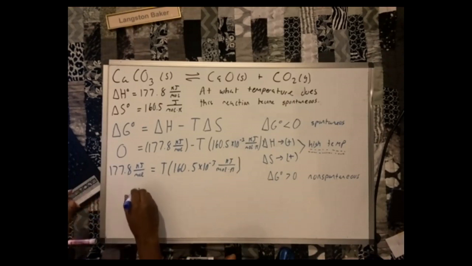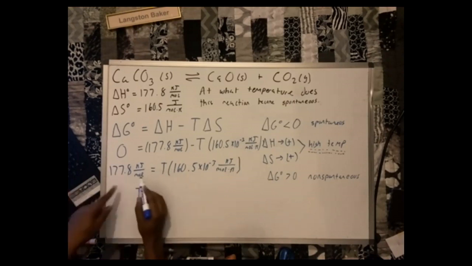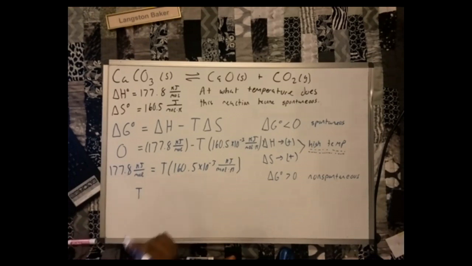So I get my temperature, this divided by that: 177.8 divided by 160.5 times 10 to the negative 3.